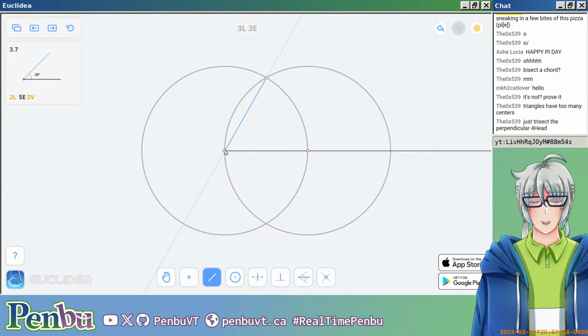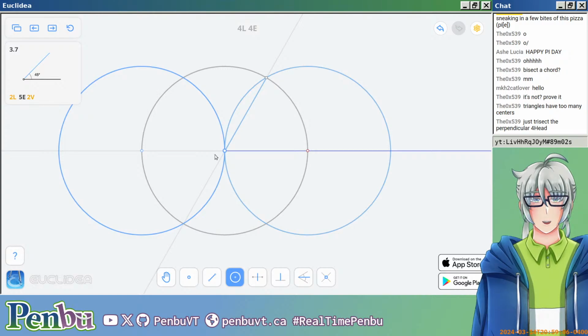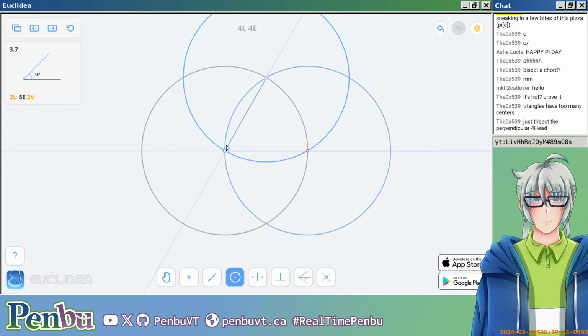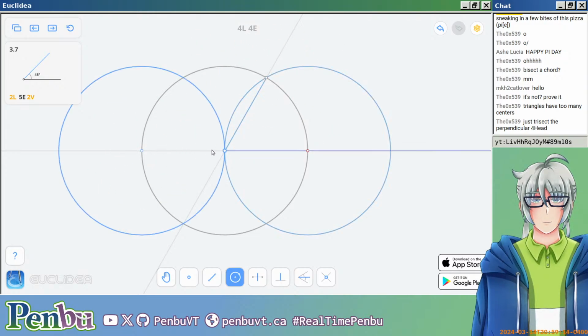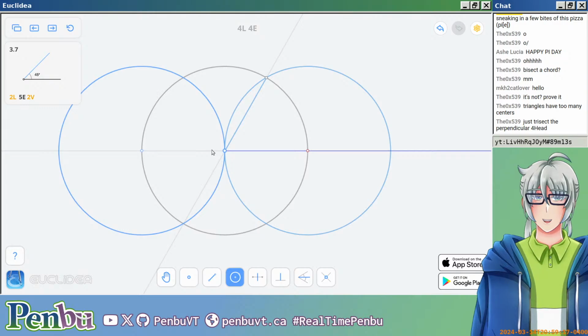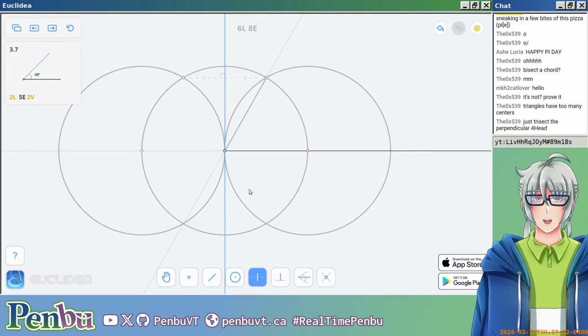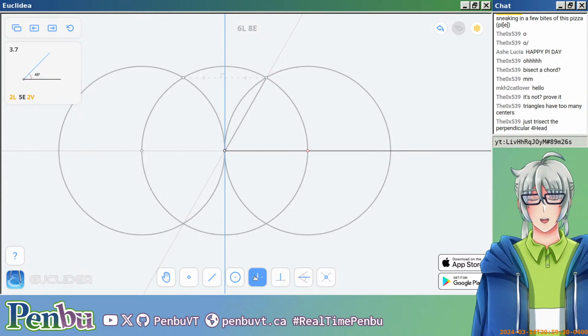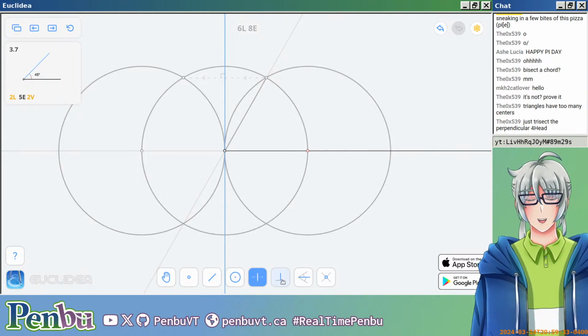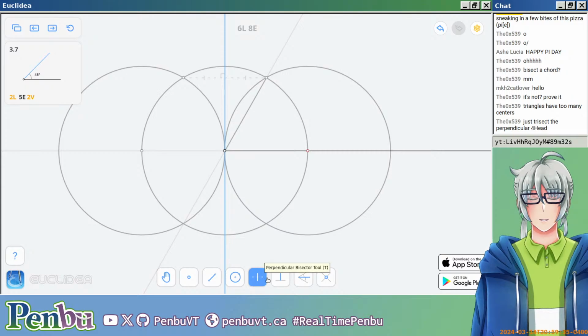Alright, we extend this line here. Then we get another 60 here. Actually, it doesn't help us. Then if you take the bisector here, right, because they're all the same. Oh, no, okay. The perpendicular bisector and the perpendicular tool both are 3.